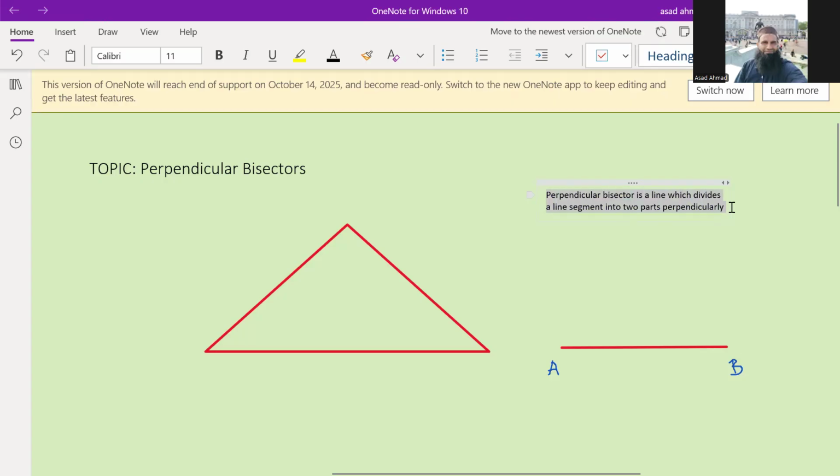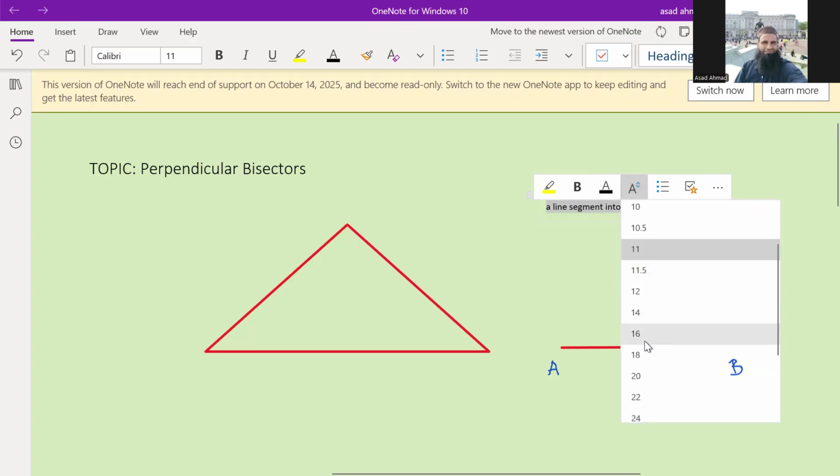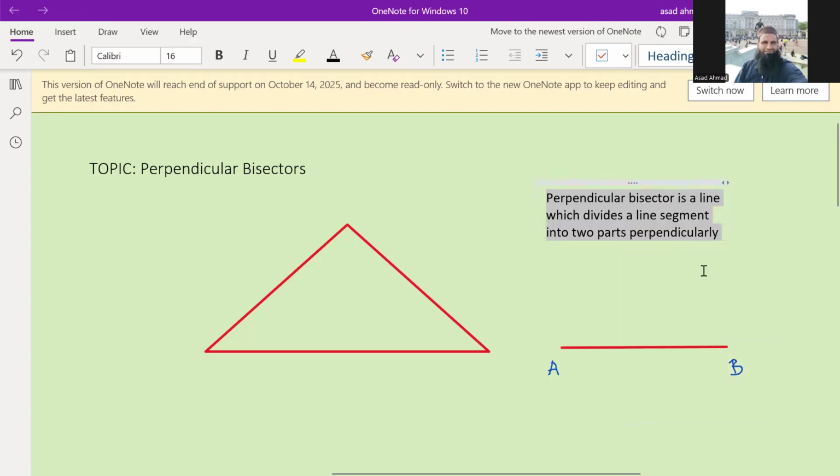So to explain how to draw it practically, we need to learn how we will draw it. Now, for drawing a perpendicular bisector, primarily we have to take a compass, and on the end points of the line segment, we will take certain points.